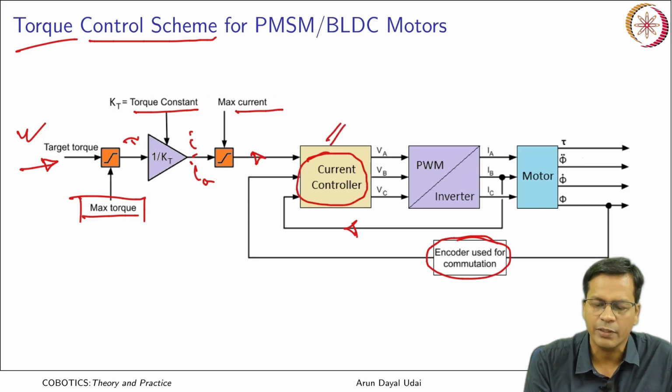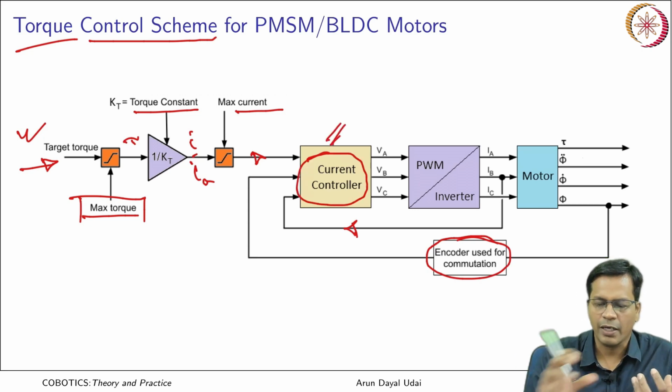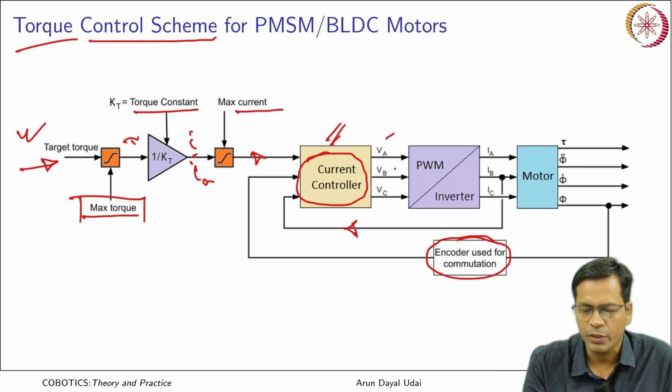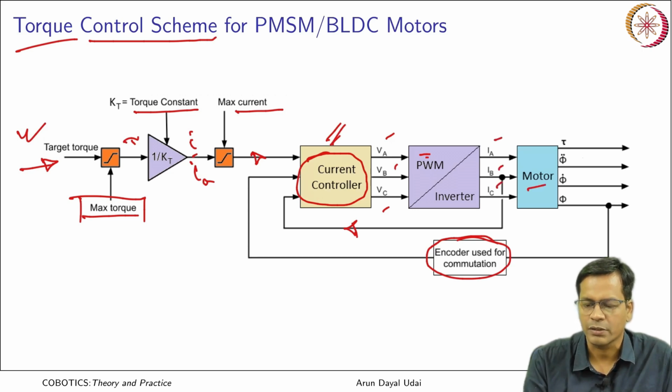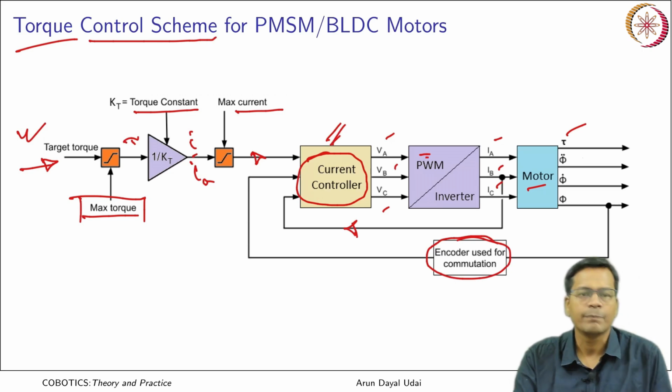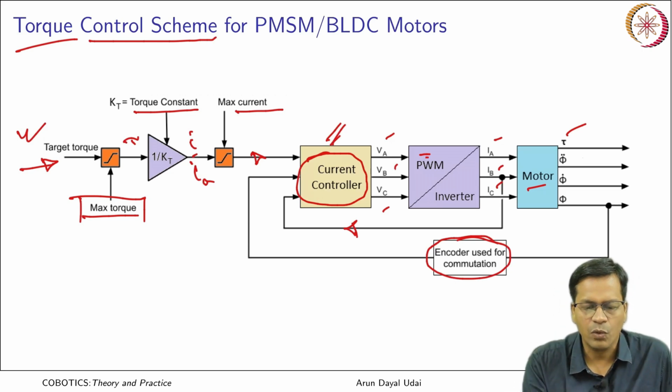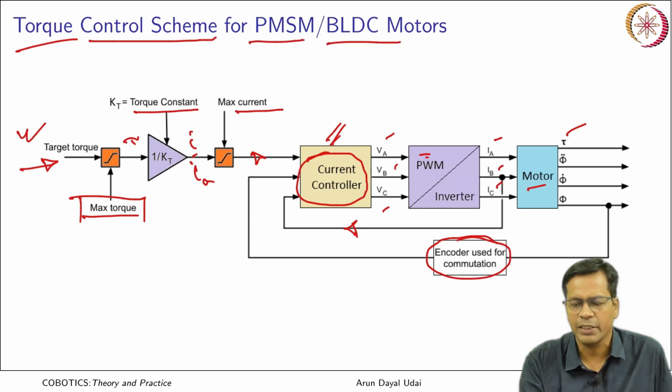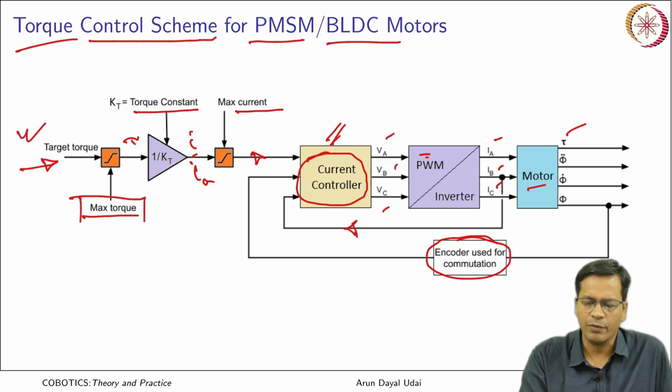So, this is a combined controller for the internal current loop that can control the current precisely, and finally this voltage goes to the PWM inverter, that is a 3-phase inverter which can control the rotating magnetic field speed that generates the 3-phase currents to the motor, and motor runs. It creates the torque that goes to the joint. Okay. So, this is the control scheme for torque control of permanent magnet synchronous motor or a BLDC motor. Both use a kind of inverter based circuits to run.